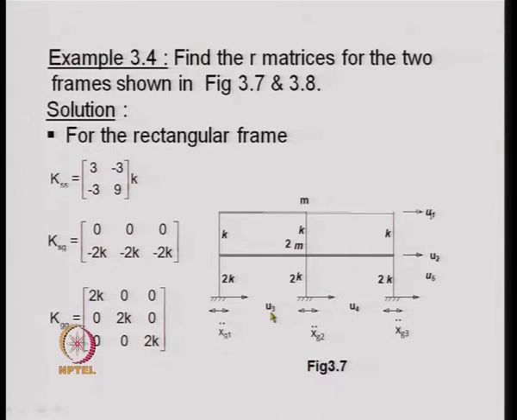So, here we have seen that if we want to write down the equation of motion in state space form, we have to generate a matrix called the A matrix, and that A matrix contains CSS or C by M. So, the C matrix must be known. That is the first thing that you do for the entire structure.